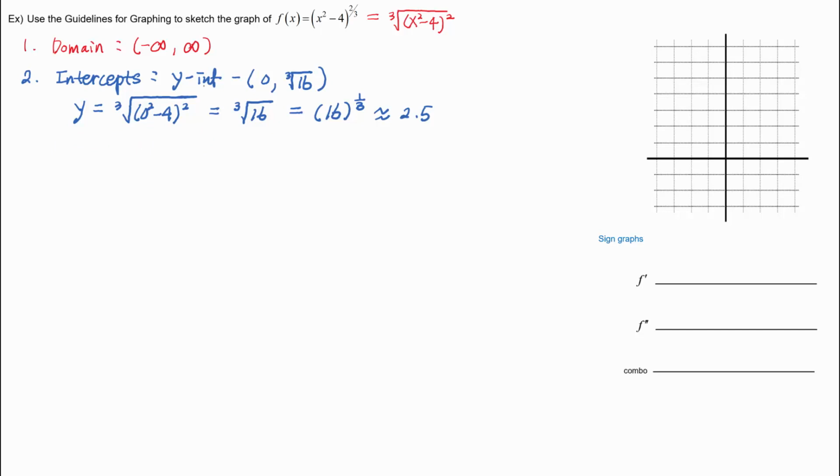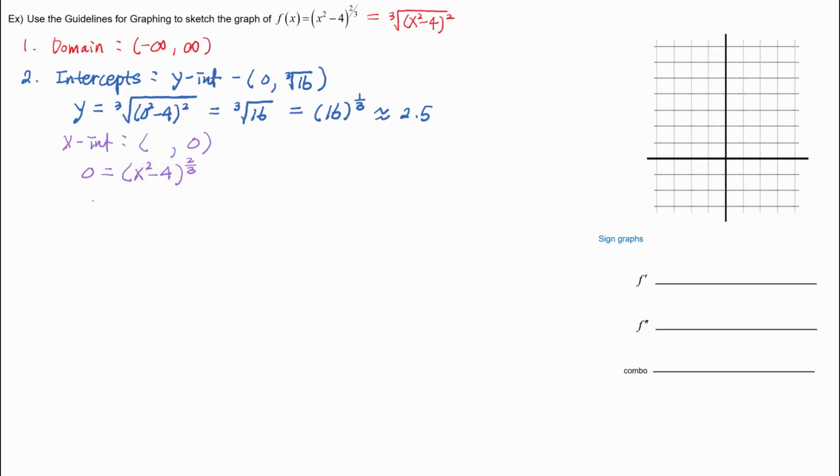Now let's find the x-intercept. The x-intercept can be found by plugging in 0 for y. And y is f of x. So then that's 0 equals the quantity x squared minus 4 to the 2/3 power. And this quantity x squared minus 4 to the 2/3 power is 0 if the quantity x squared minus 4 is 0.